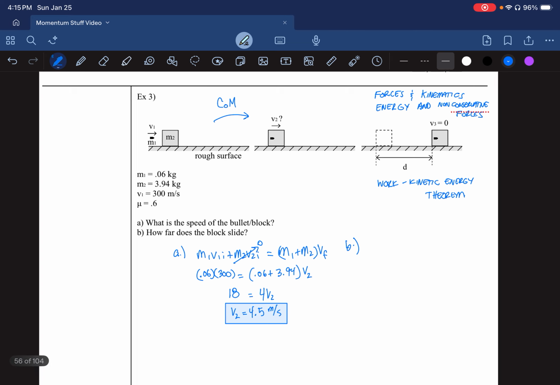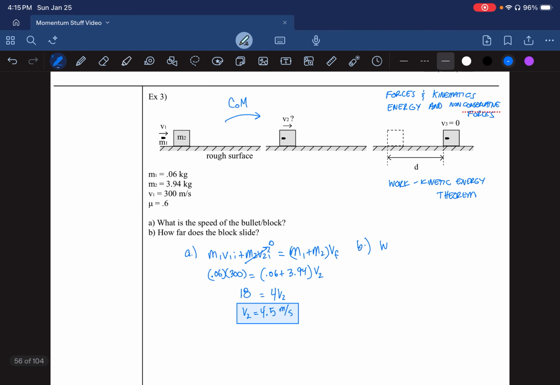Okay. Work kinetic energy theorem. The net work is equal to K final minus K initial. The final kinetic energy will be 0. So the net work is just equal to negative Ki. Well, what is the net work?